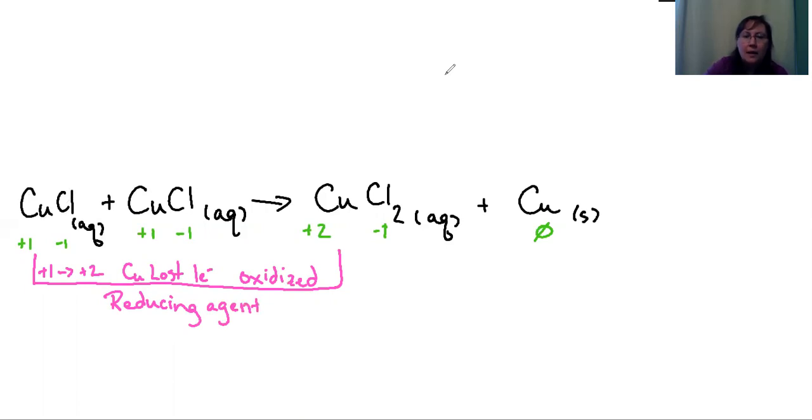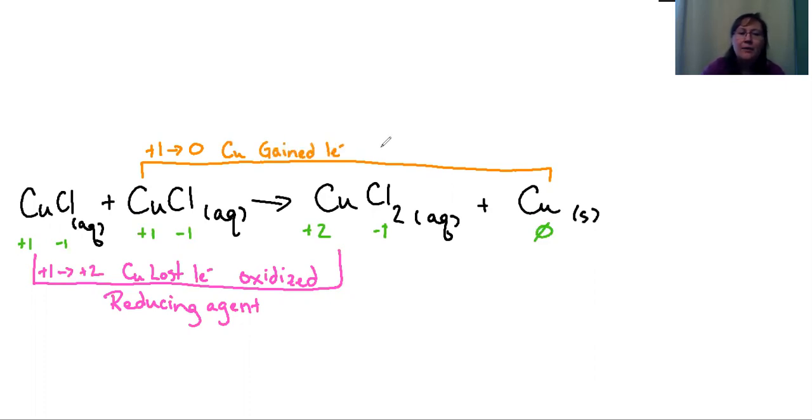Now let's take a look at this copper. It's arbitrary which one I picked, but it goes from +1 to 0. That means this copper gained 1 electron, so this copper was reduced, and this copper chloride compound is our oxidizing agent.